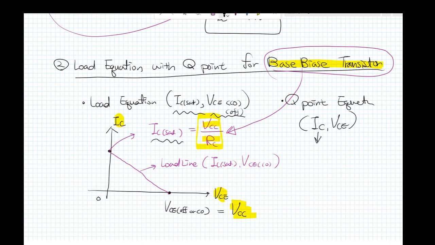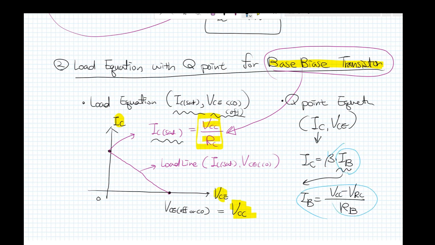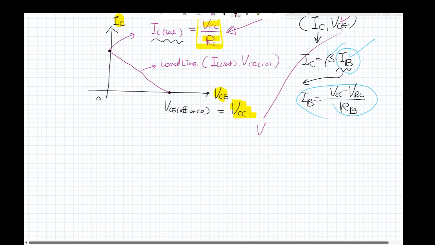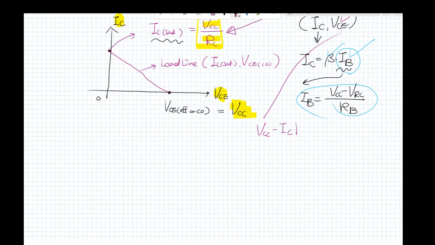We already have I sub C equal to beta times I sub B, and the I sub B we can calculate as V sub CC minus V sub BE divided by R sub B. And then V sub CE we can calculate as V sub CC minus I sub C times R sub C. That is V sub CE.